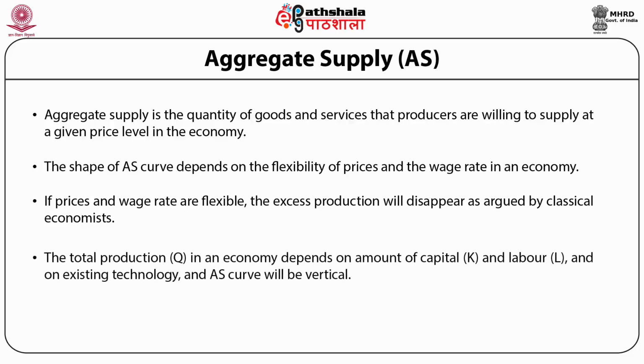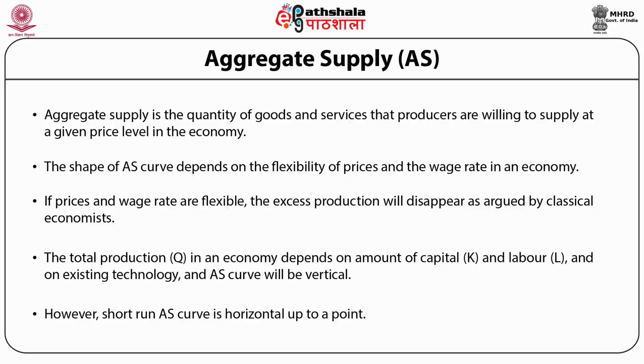Therefore, the total production in an economy depends on the amount of capital K and labor L and on existing technology, and therefore in the long run the AS curve will be vertical. However, the prices and wage rates tend to be sticky in the short run.